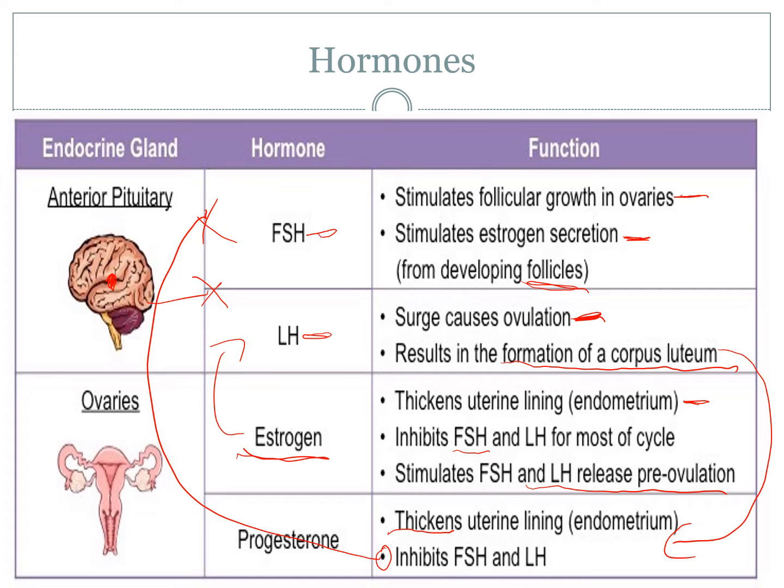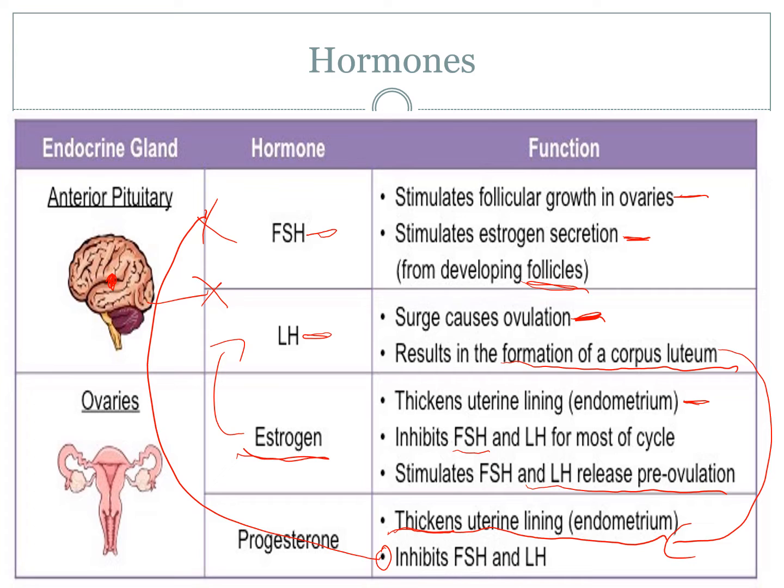On top of that, progesterone is what's known as your pregnancy hormone. So it's the one that will absolutely thicken and prepare the uterine wall for implantation of the actual fertilized egg.